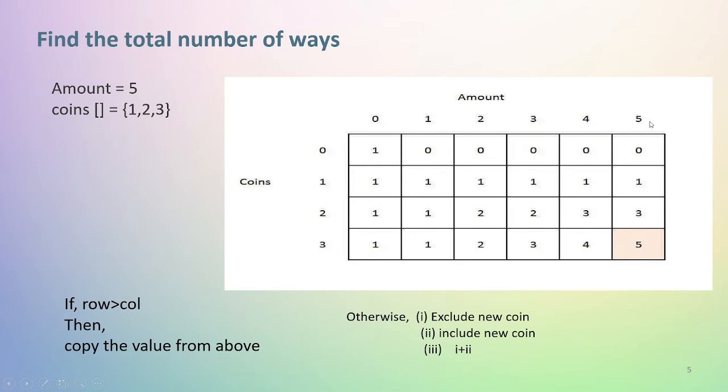Next, 5, the number of column, subtract the value of the coin: 5 subtract 3 means 2. We can find 2 in this column, so 3 plus 2 equals 5. Now we can see the total number of ways is 5. By 5 ways we can pay this amount.